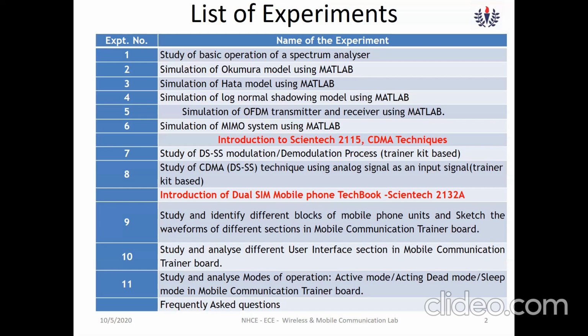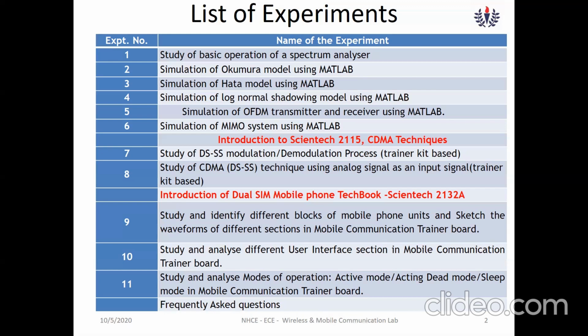The next version of the propagation model is the Hata model, which is derived from the Okumura model. In the Hata model also we are going to see a set of equations with which we can understand the attenuation and losses which happen to our signal from the transmitter to the receiver.